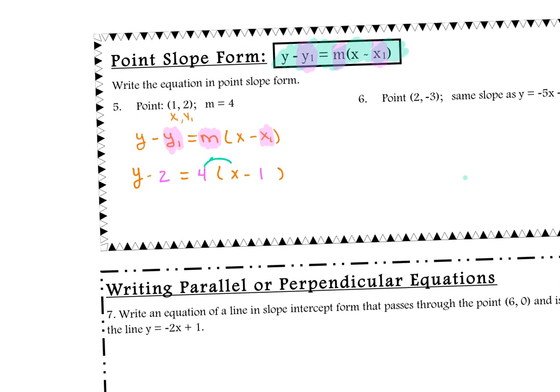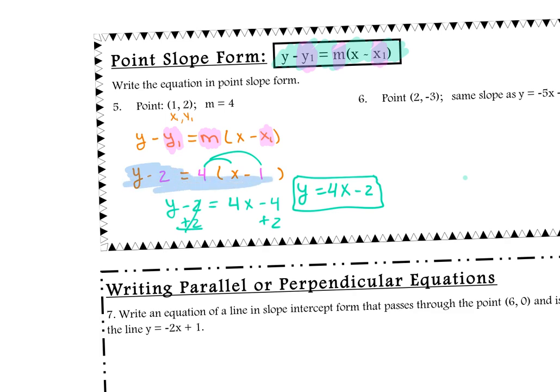So we would distribute the 4 and we would get y minus 2 equals 4x minus 4. Add 2 to both sides. And we would be finally left with y equals 4x minus 2 as your final equation in slope-intercept form, right? But since this equation just wanted point-slope form, we are fine to just leave it right here at this section that I just highlighted in blue.